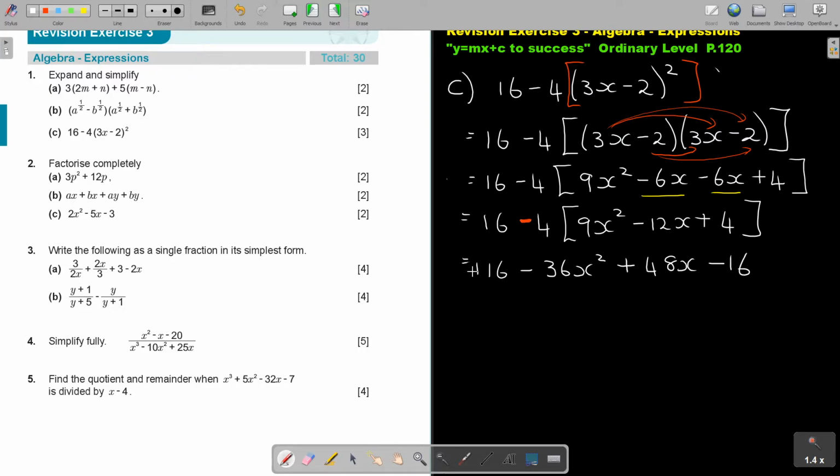And do you see, this is positive 16 and this is negative 16. So the final answer will be negative 36x squared plus 48x. And that will be your final answer.